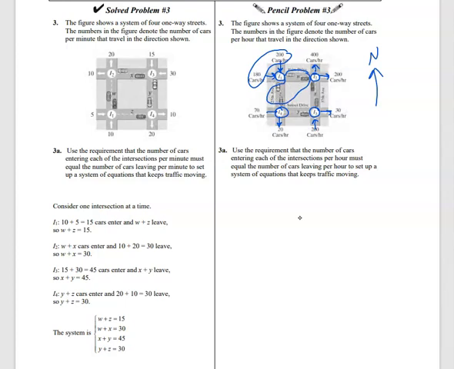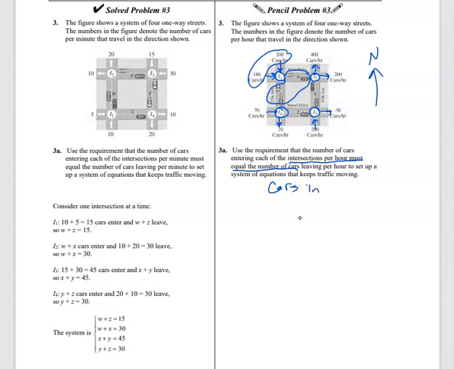The number of cars coming in must equal the number of cars coming out. And that is set up explicitly for us right here. It tells us that should happen. Of course, it makes sense. Otherwise, there's just cars piling up in the intersection, or else some cars are being spontaneously generated or something. That doesn't make sense. And so cars in equals cars out.